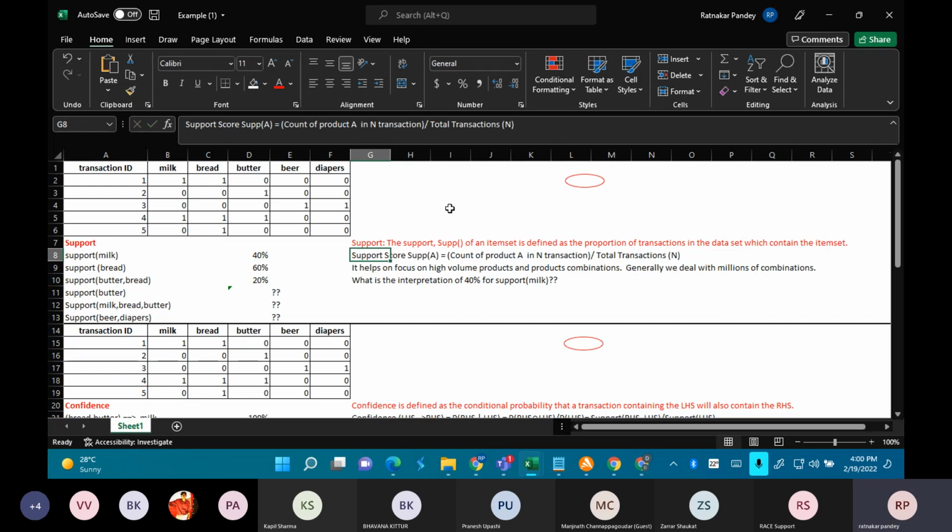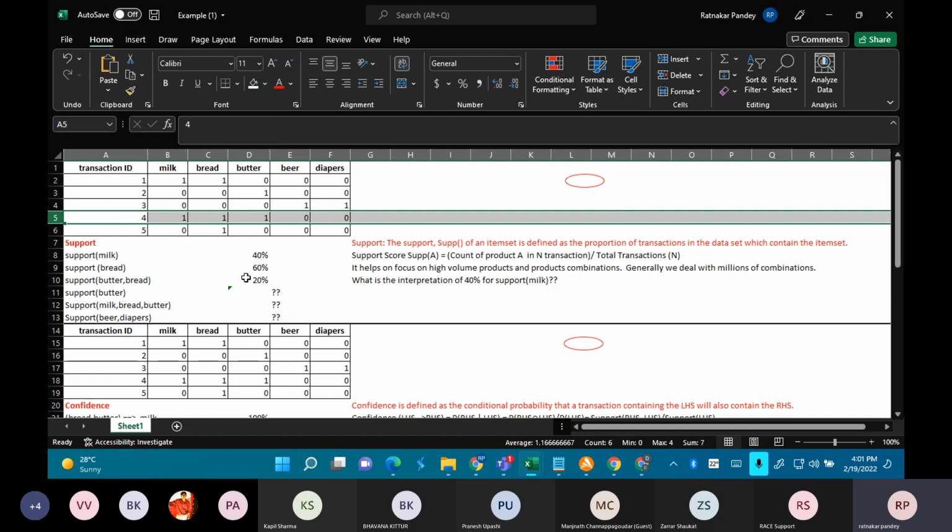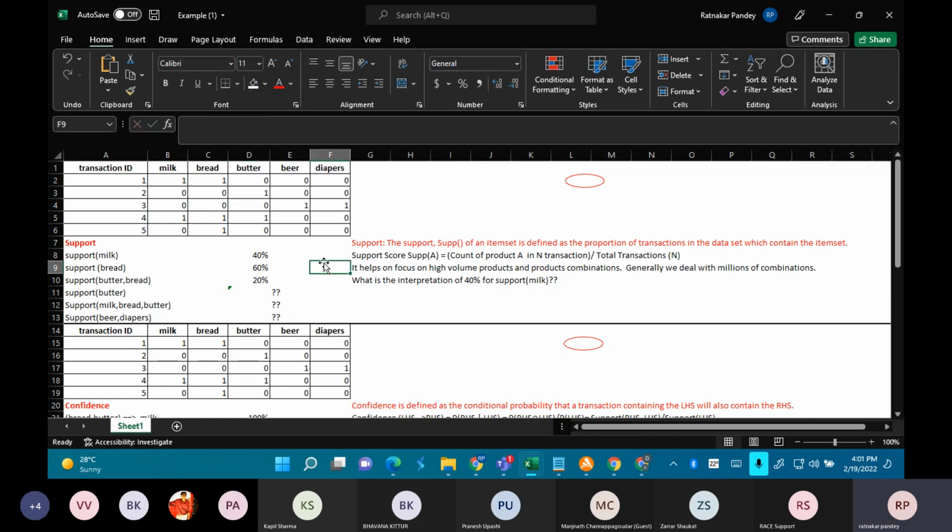This is tricky. What is the support for the combined items, butter and bread? Where they were both bought together, how many transactions are there? Only one. Bread and butter bought together, this one, right? So that's 1 by 5, which is 20%. Now it's for you to tell me what is the support for butter? 2 by 5, 40%, right?